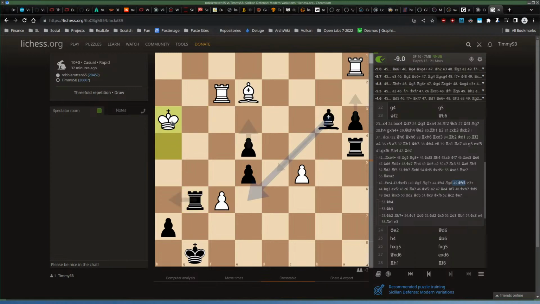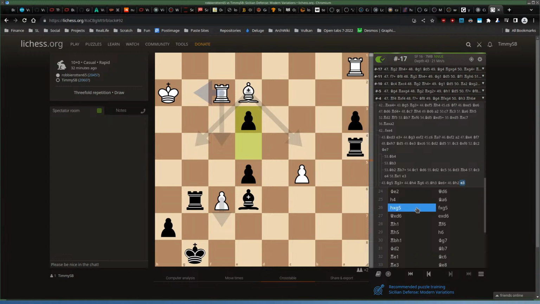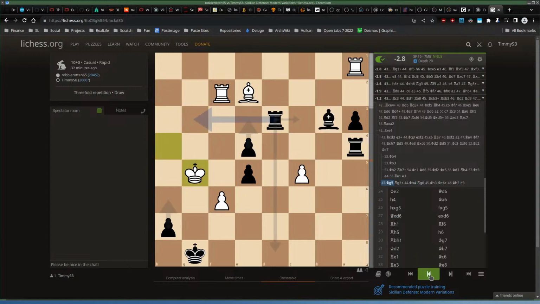Go forward. Oh, that bishop here. Go forward again. Now it's a mate threat instead of giving check. Okay, so let's not lock up the king on that file then. Go there.